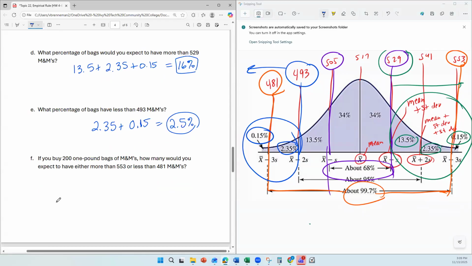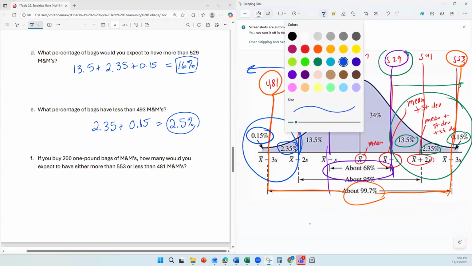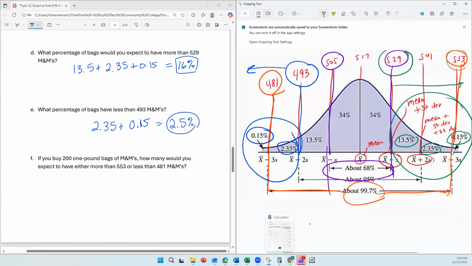And then if you buy 200 one-pound bags of M&Ms, how many would you expect to have either more than 553 or less than 481? So more than 553 would be this group here. Less than 481 would be this group here. So we're just looking at these two tiny little ends.